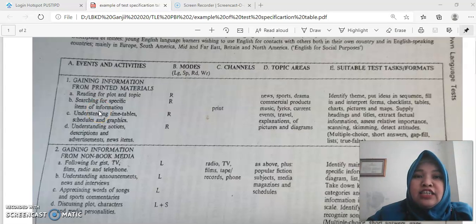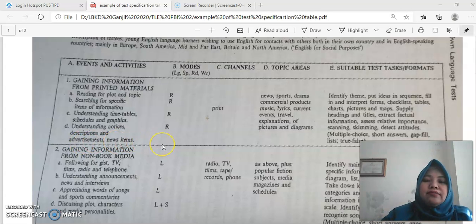So it is related to scanning reading skills. Then understanding timetables, schedules, and graphics, and understanding notices, descriptions, advertisements, and news items. These are examples of events and activities for testing reading.